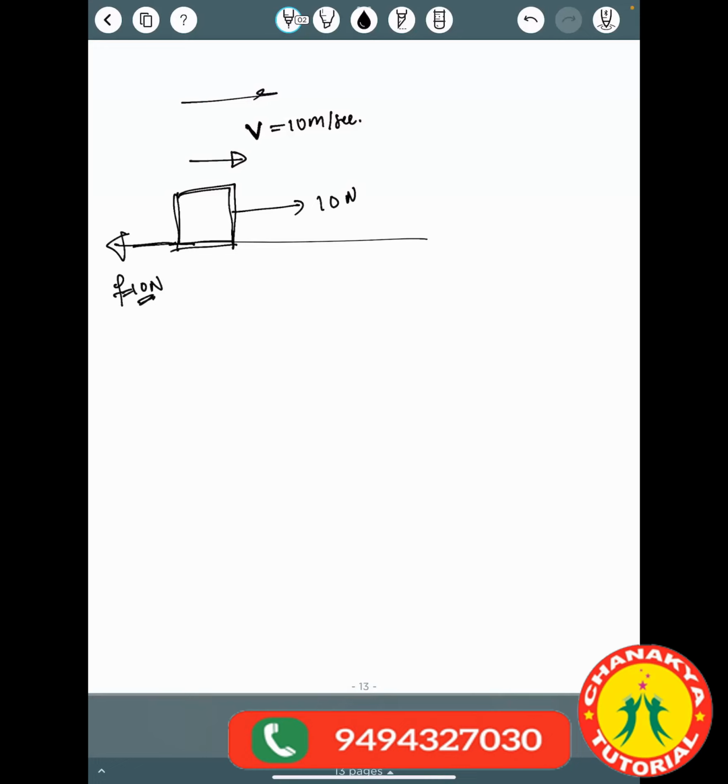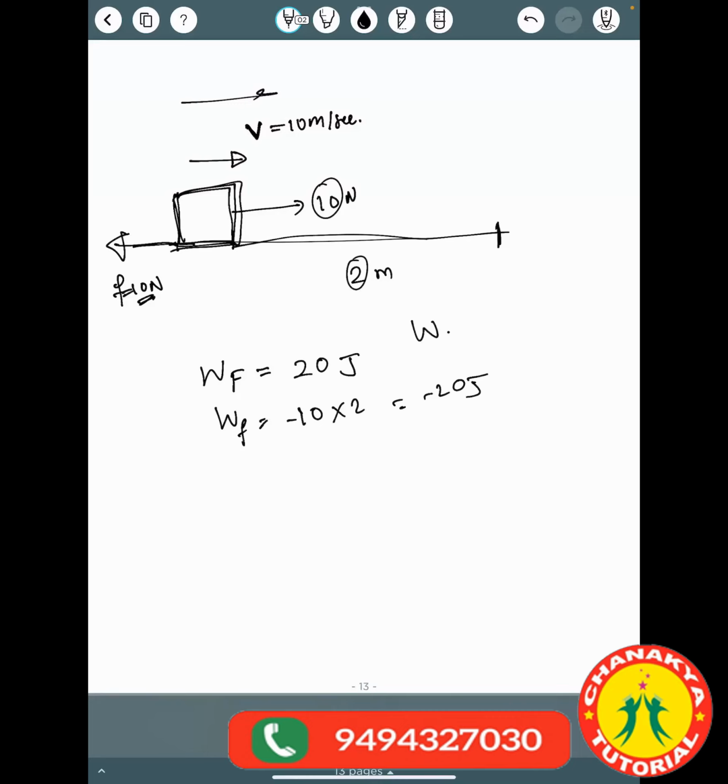Now, if this block moves a displacement of 2 meter, then the work done by the external force will be 10 into 2, that is 20 joule. Work done by friction is 10 into 2 with a minus sign, minus 20 joule. You can say, sir, total work done is 0. Correct? Why is that option not correct?